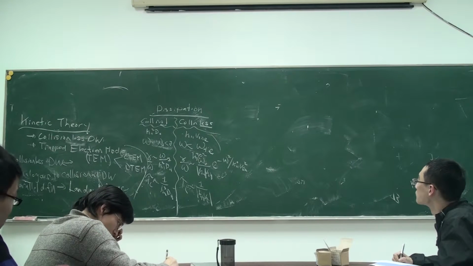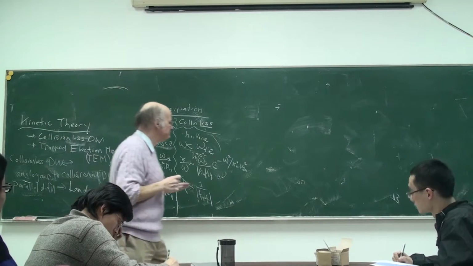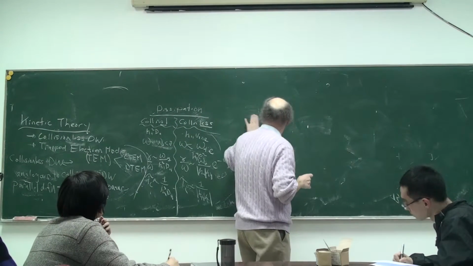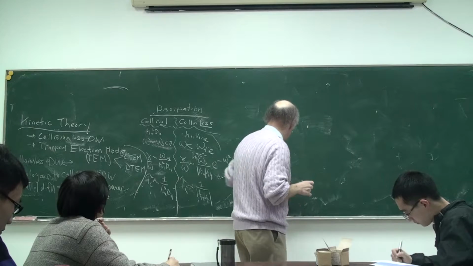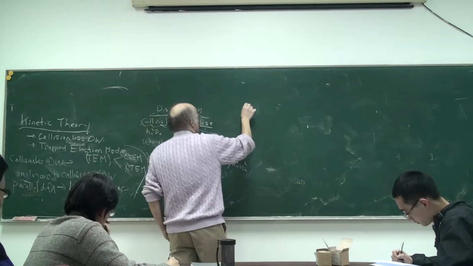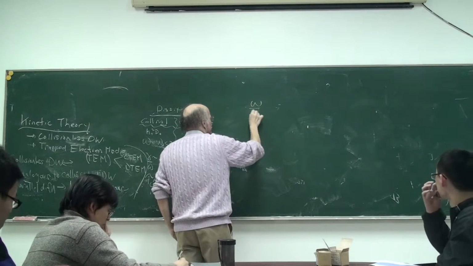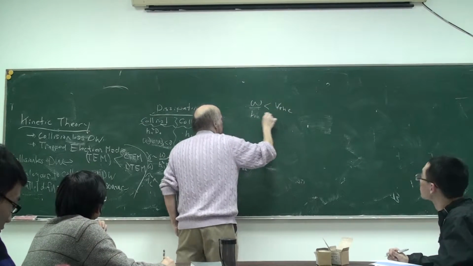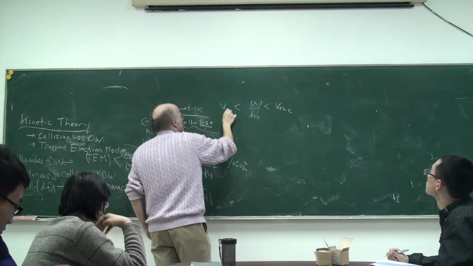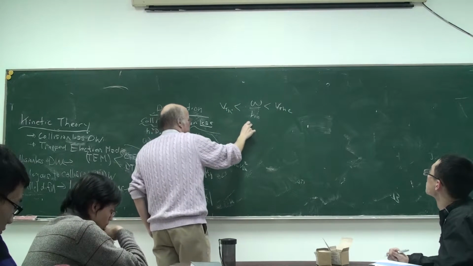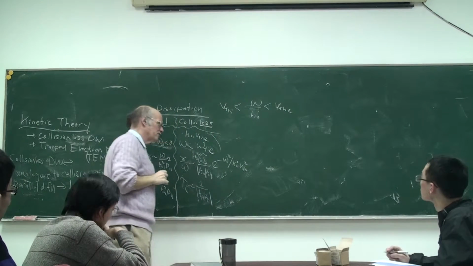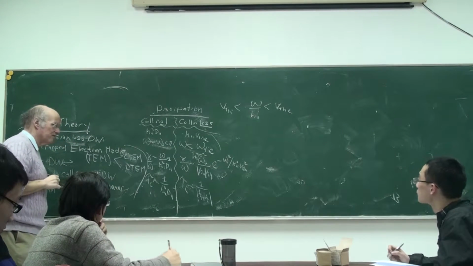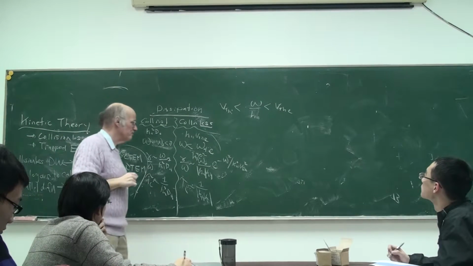So let's derive it. As usual, I'm going to take the ions. As usual, we have the basic phase velocity ordering of omega over k parallel in between the electron and ion thermal speed.